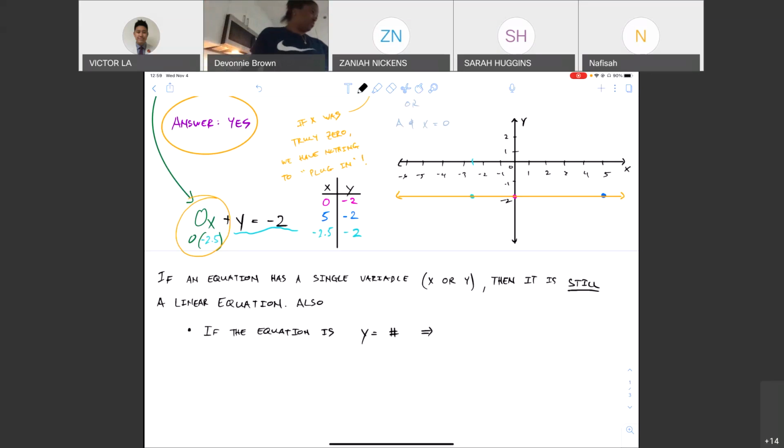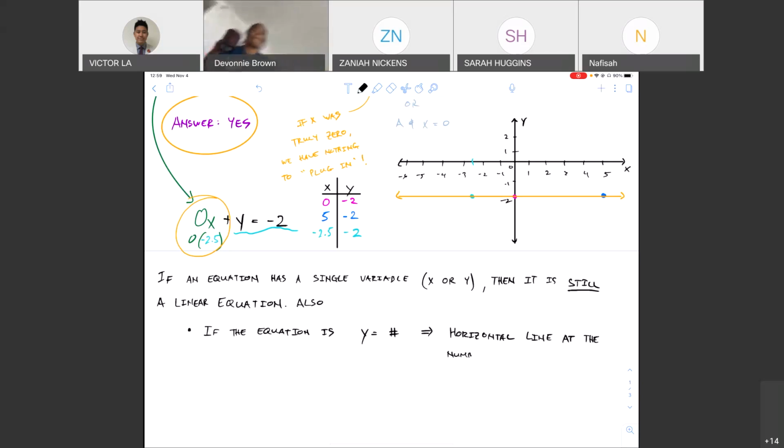This implies a horizontal line. Horizontal line at the number off the y-axis. Why? Or how come y? Well, because it's y equals a number.